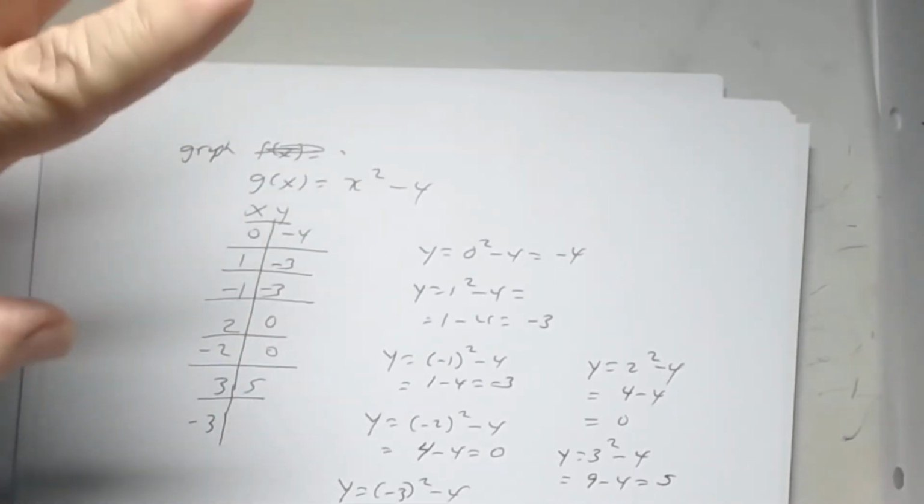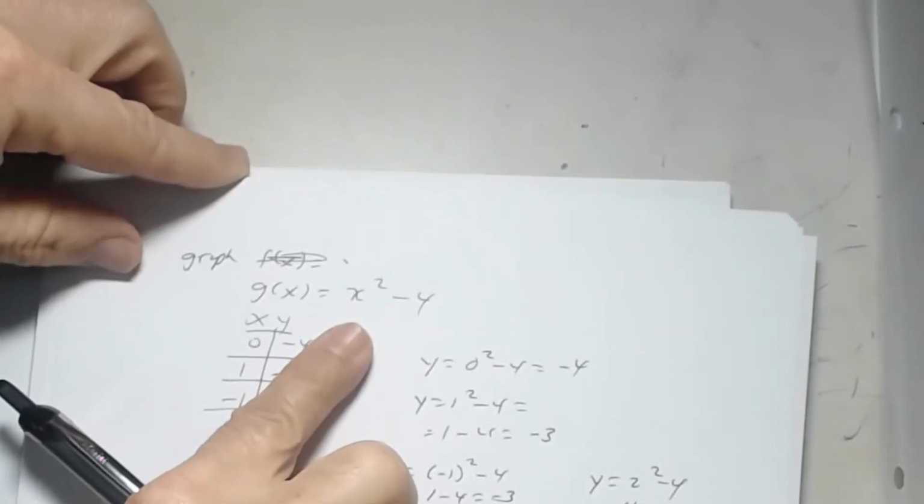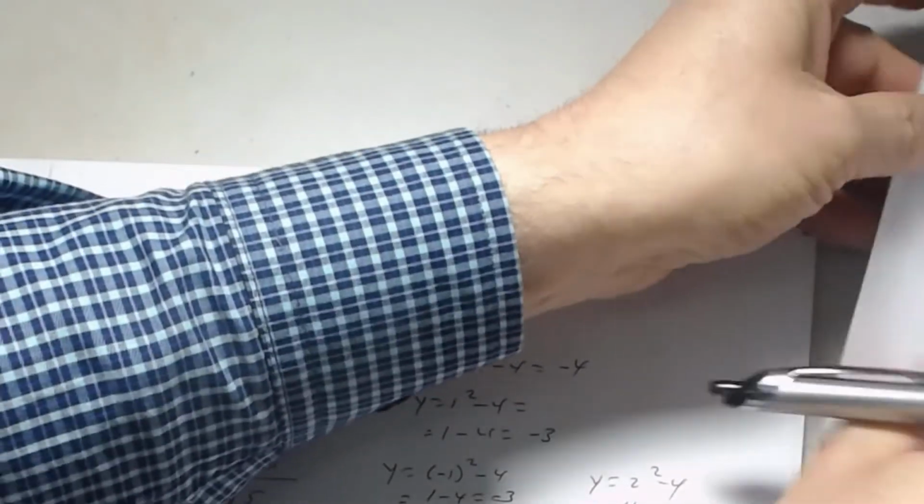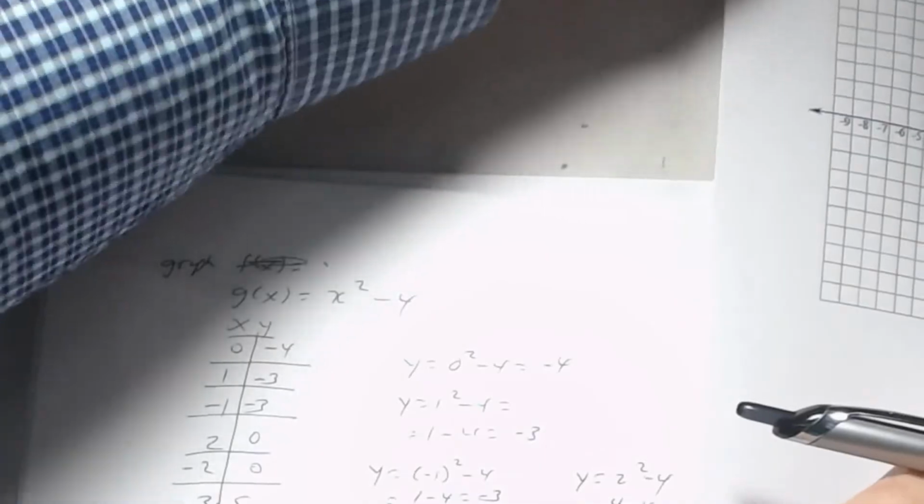All right, here's what I need you to remember. When it's on the outside, that's that vertical shift, right? Okay. When it's on the inside, it's the horizontal shift. So in other words, if you go back to that parent function, and if I had the transparency, you'd see it a little bit better.